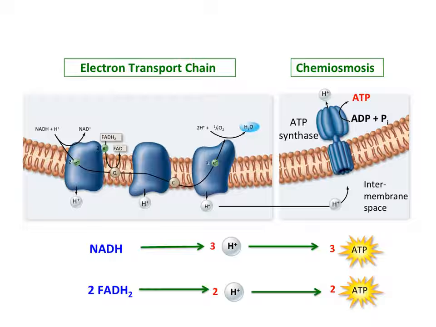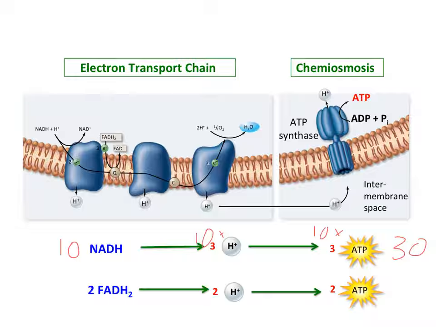So doing the math, we produce 10 NADHs during the overall process. We had 2 NADH produced by glycolysis, 2 NADH produced by pyruvate oxidation, and 6 produced during the Krebs cycle. So that will be a maximum of 30 protons being pumped, and that will mean 10 times 3, a maximum of 30 ATPs produced by NADH in total.